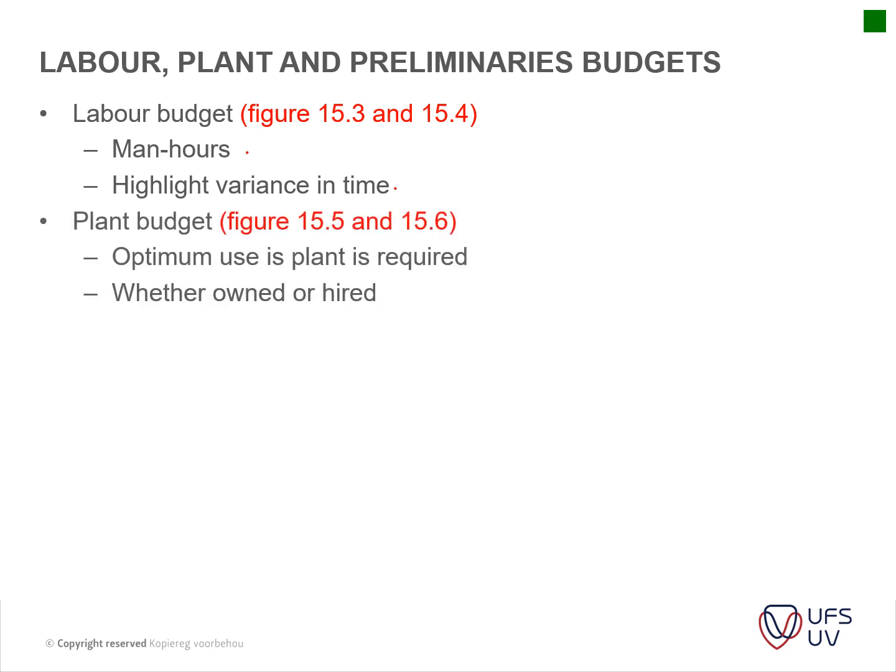Then your next item is your plant budget, which is figure 15.5, where you have your different plant, and then you do your schedule against your time. That's shown on 15.5, and then you've got that drawn out or shown on figure 15.6 on page 338.